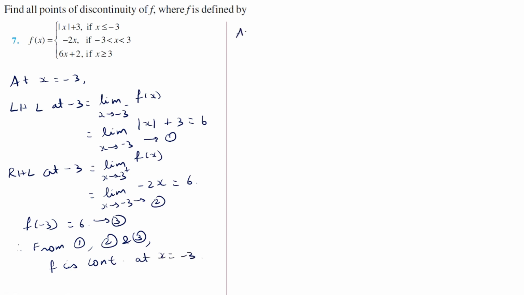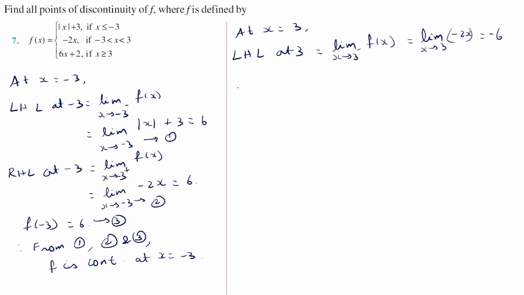Now let us take x equal to 3. The left hand limit at 3 is, when x is less than 3, we have minus 2x. So it is limit x tends to 3 minus f of x, which is limit x tends to 3 of minus 2x, which is minus 6.